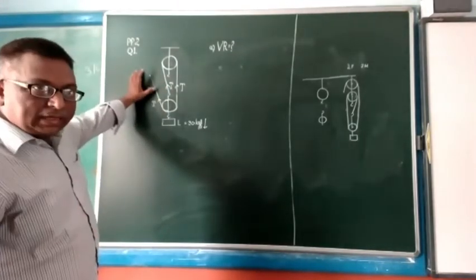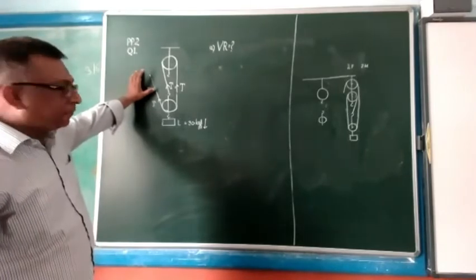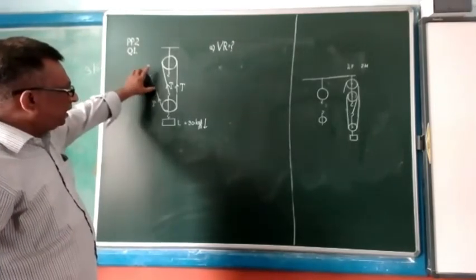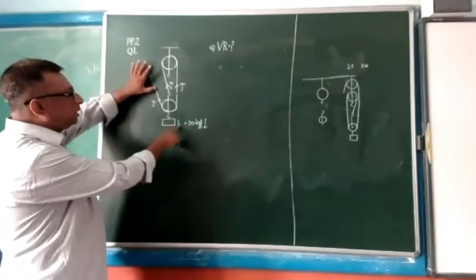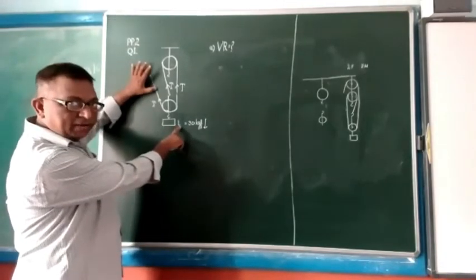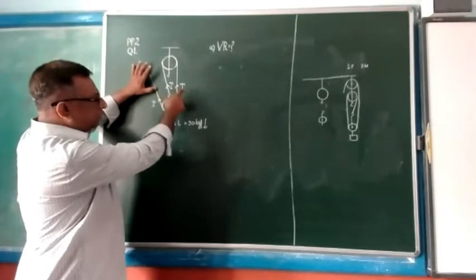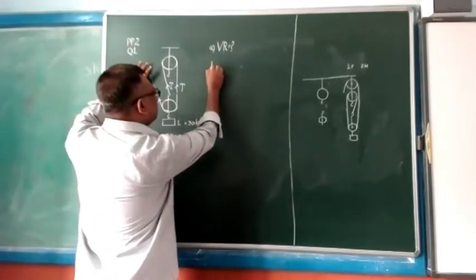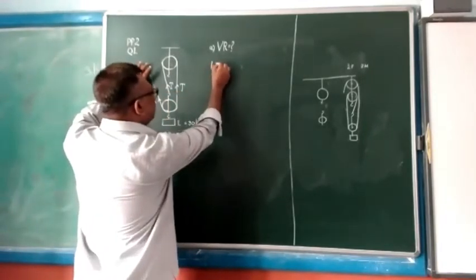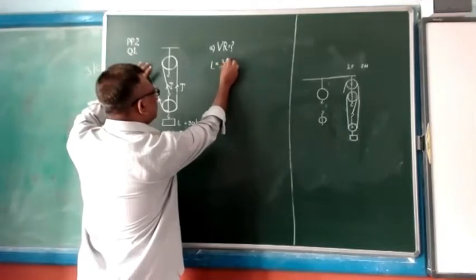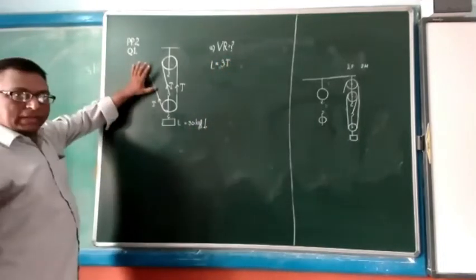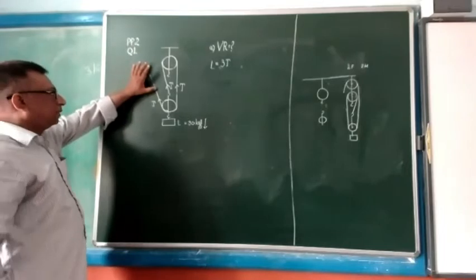So I was telling that if there is no application of effort at this free end, then this load is balanced by these three tensions. So can we write L equal to 3T? L equal to 3T. Here.